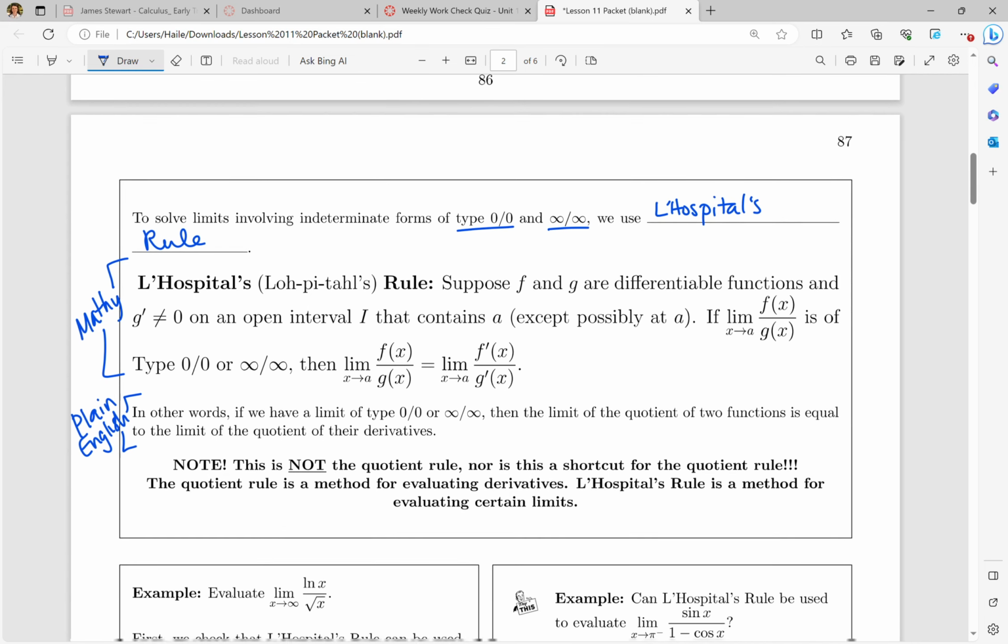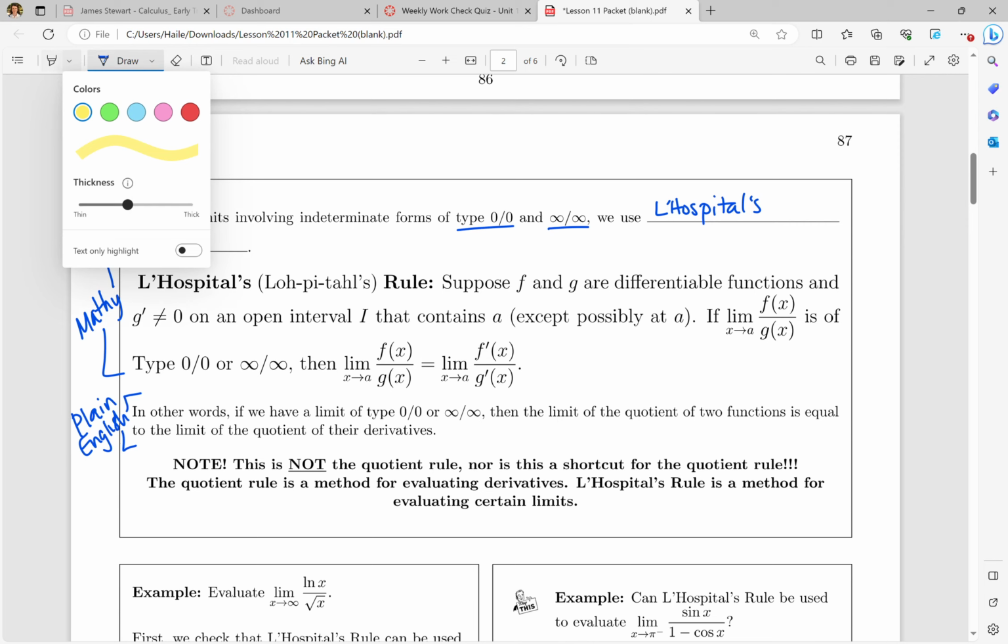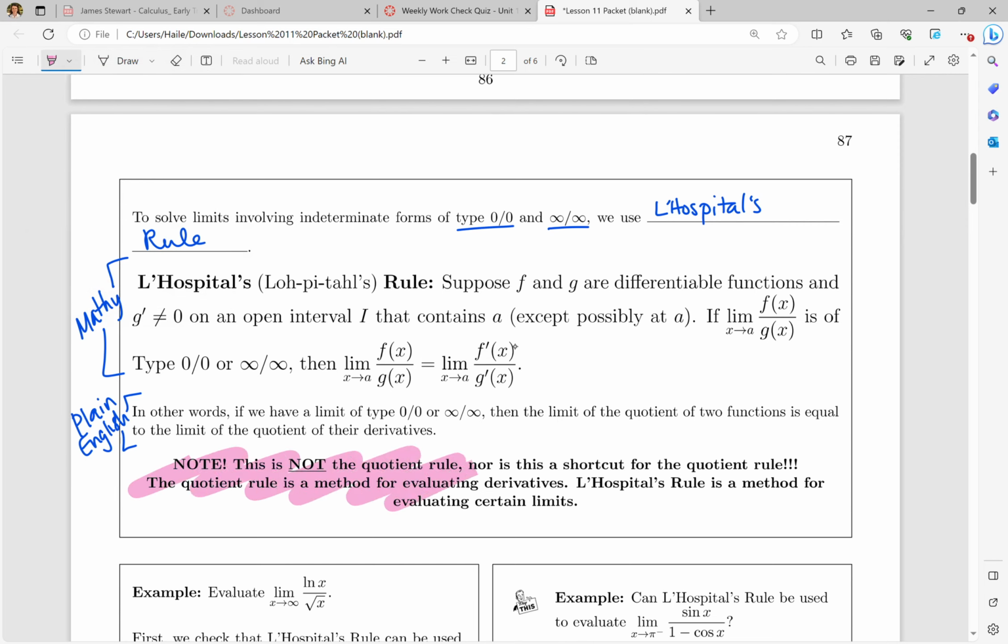Now, very important to note, so I'm going to highlight this, bold it, like I don't know how else to say it. This is not the quotient rule. We're dealing with quotients or ratios, but this is not the quotient rule. It's actually a lot simpler than the quotient rule, but it's not a shortcut for the quotient rule either. This is completely different.